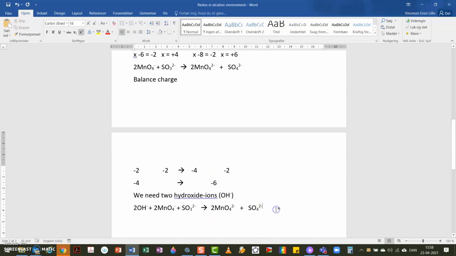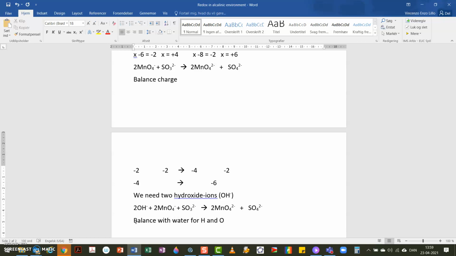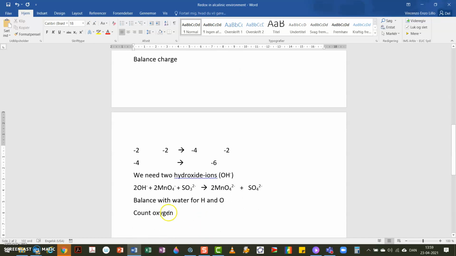Then we balance with water for H and O. Now you see, let's count the total oxygen. We have 2 from this.